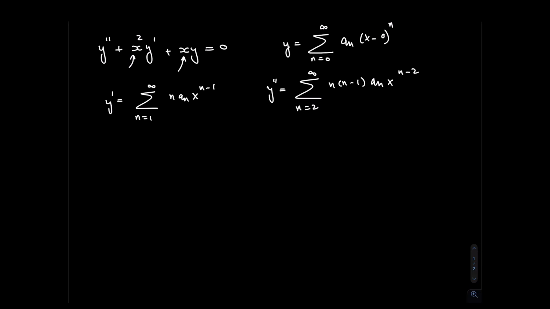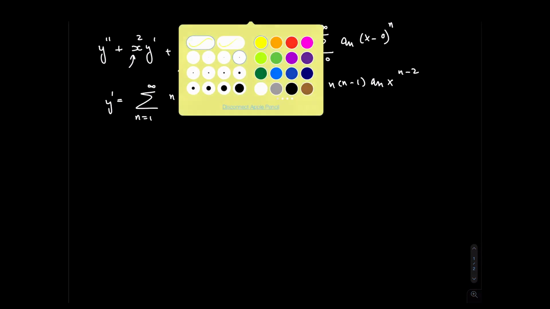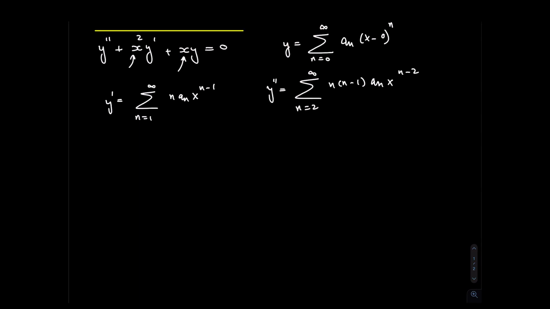So let me now substitute these into the given differential equation. I'm going to put that in yellow. So that's my given differential equation. All right, so let's substitute my y double prime and y prime back in. For y double prime, I'll have the summation of n times n minus 1 a_n x to the n minus 2 as n goes from 2 to infinity, plus, now notice that my y prime is being multiplied by x squared, so I have to add 2 to that power when I'm actually writing x squared times that.